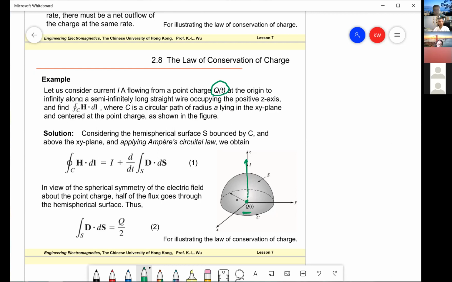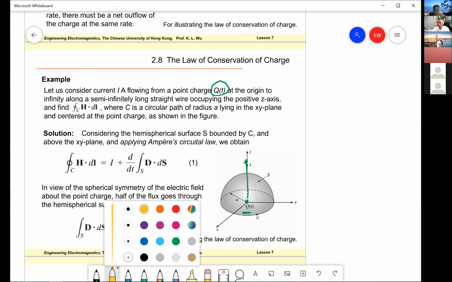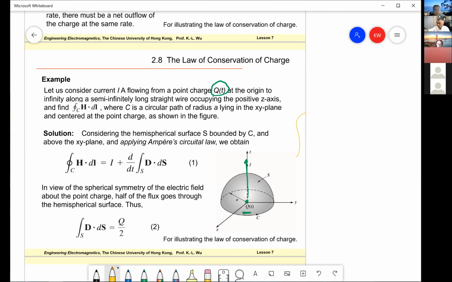So if the current goes in that direction, then what is the question? Can you find this? You find the loop C. I didn't specify what C is.